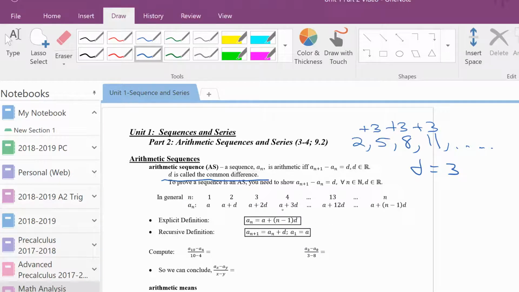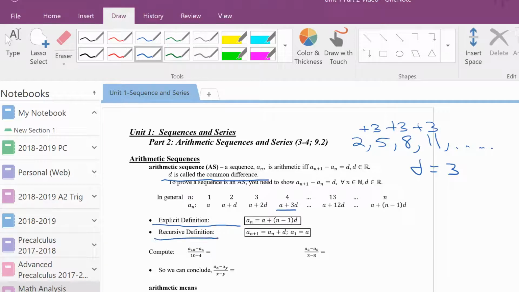So you can see the pattern: the first term plus n minus 1, where n is the number of the term, times the difference. That gives you your explicit definition for an arithmetic sequence.